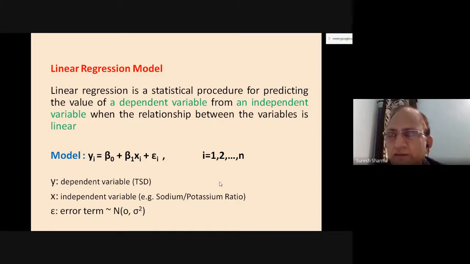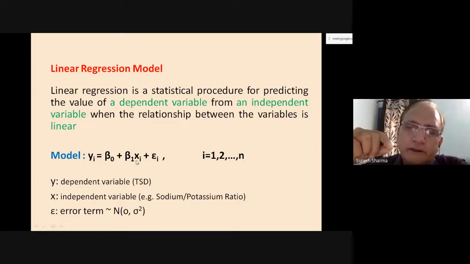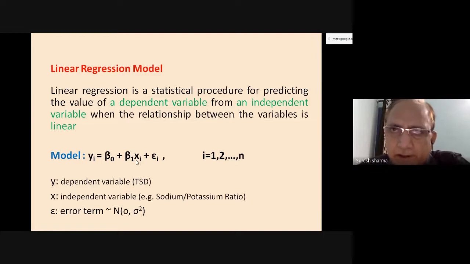Now, based on these 28 observations, I look at the scatter plot. I plot height along the x-axis and weight along the y-axis. If the points are along a straight line, that means they are following a linear relationship, which is y = beta naught + beta 1 x. This beta naught and beta 1 can be estimated from the 28 observations.